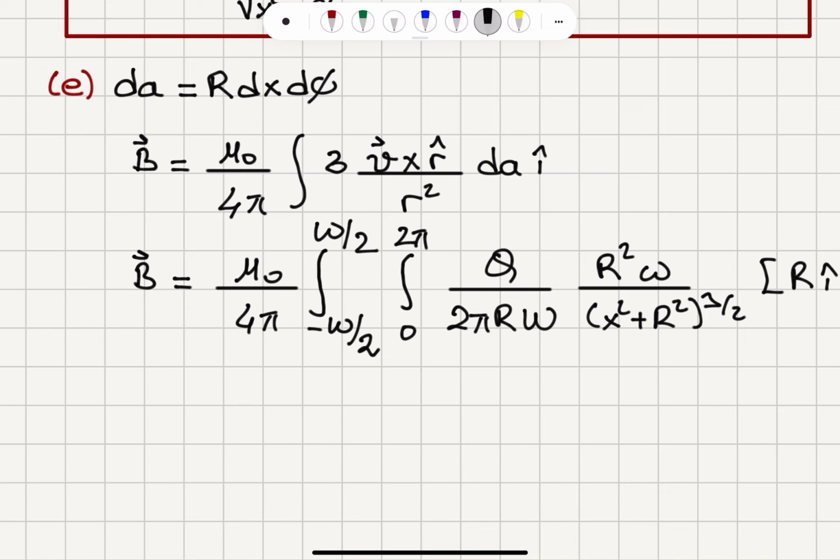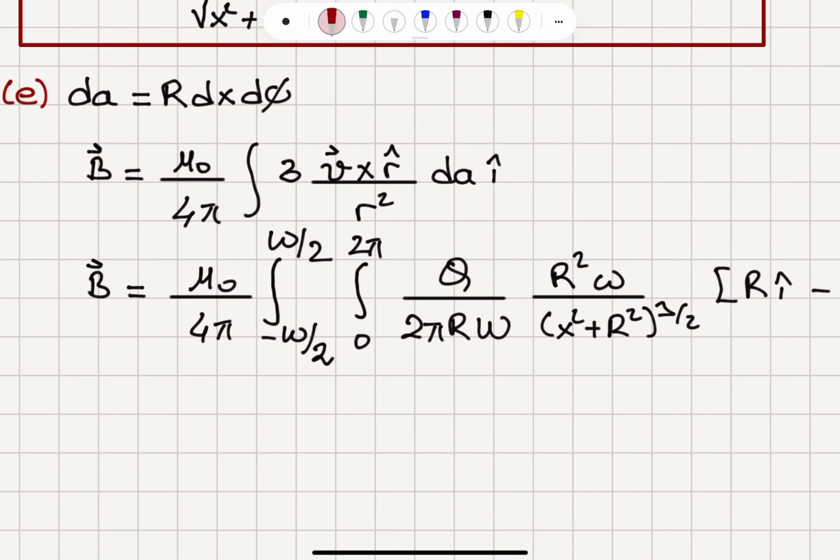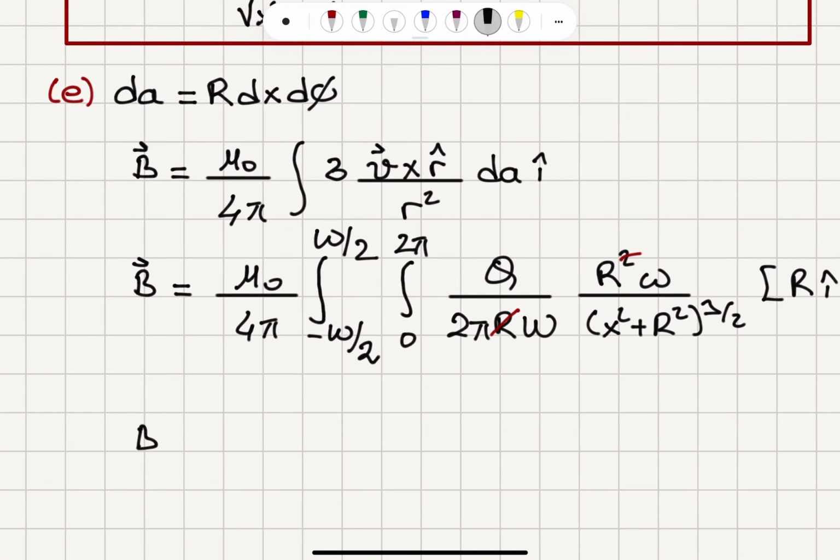Okay, so if I rewrite this, first of all I notice that one of the R's will disappear, and from 4 pi and 2 pi I will get an 8 pi squared at the bottom. So this magnetic field B is equal to mu 0 divided by 8 pi squared W, and then there is Q, capital R, and omega, the angular speed, on top.